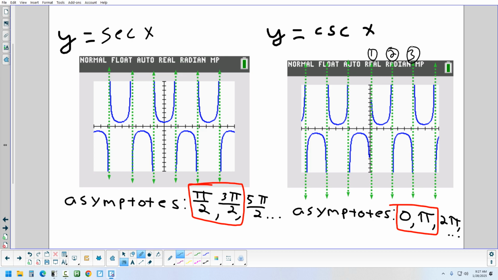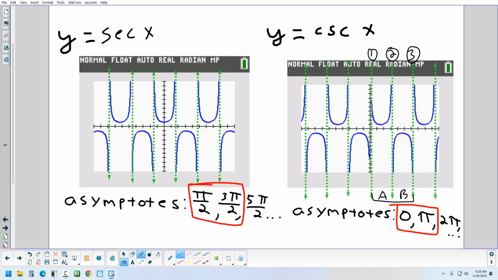That's a full cycle. So now, another way you can think of it is sections A and B together make up one full cycle.